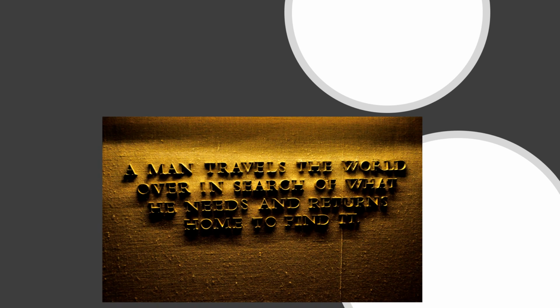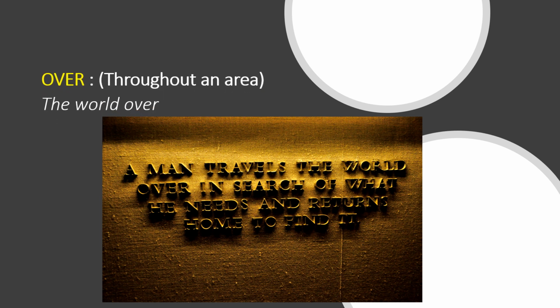What is written in this image? It says, a man travels the world over in search of what he needs and returns home to find it. So what does the world over mean? It means all over the world or throughout an area. In this image, we see that a blanket is put over the pet. So in this case, over means to cover.